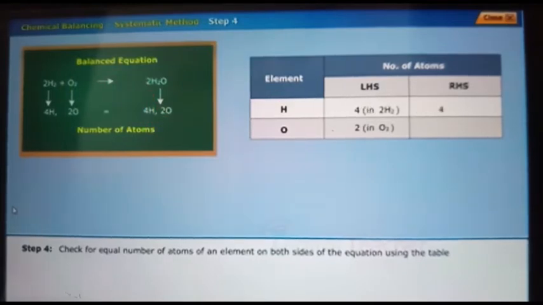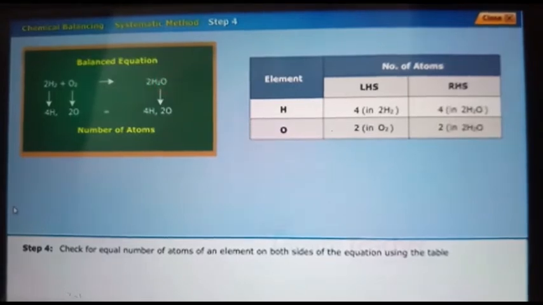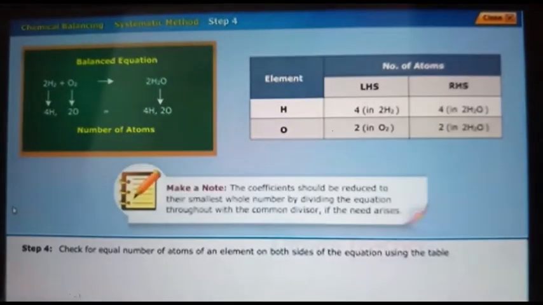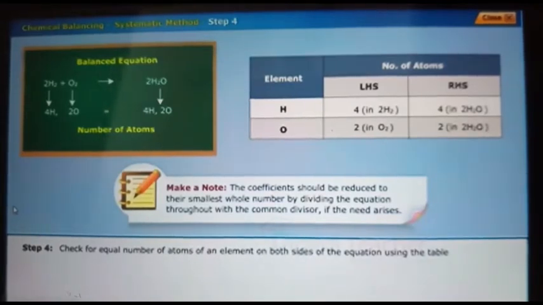On the left side hydrogen is 4 and oxygen is 2, and on the right hand side, H2O means hydrogen is 4 and oxygen is 2. Note, the coefficients should be reduced to their smallest whole numbers by dividing the equation throughout with the common divisor if the need arises.